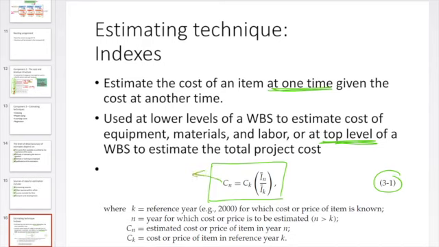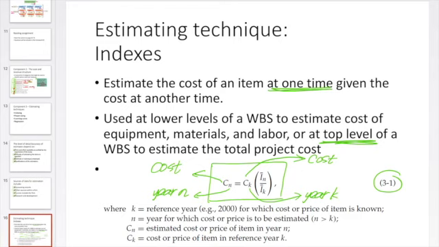So C is cost and N is year. Okay, year N, like year 1999, year 2000. And on the other side of the equation, the C is still the cost. The K is another year, like the given year.